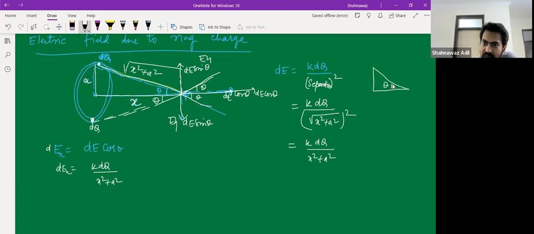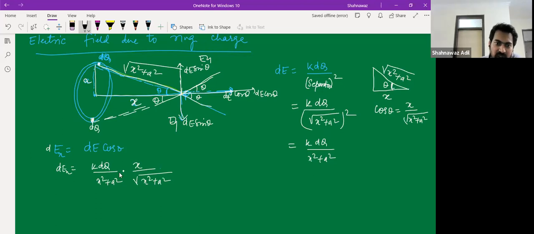This is theta, this is the base, which is x, and this is the hypotenuse. Cos theta is B by H, so this would be x over root of x squared plus a squared.